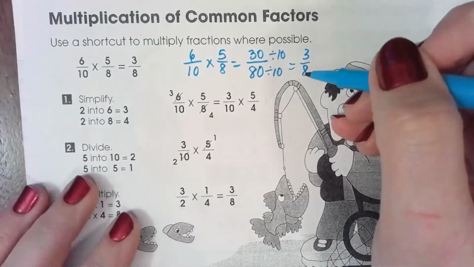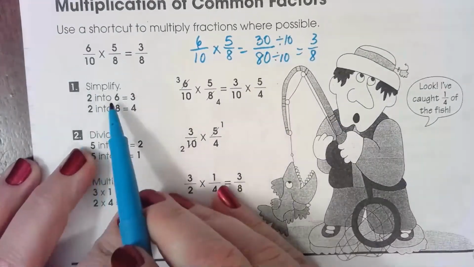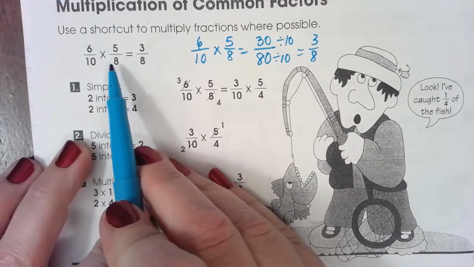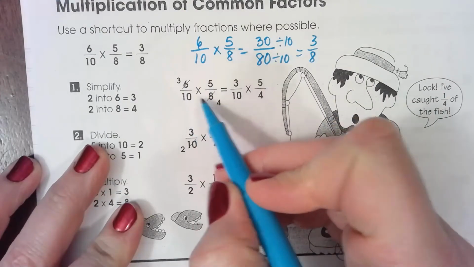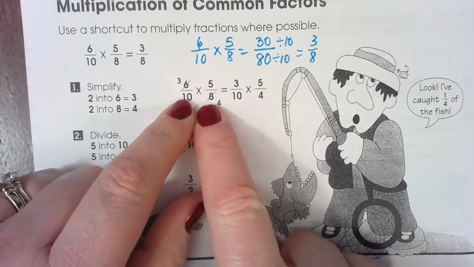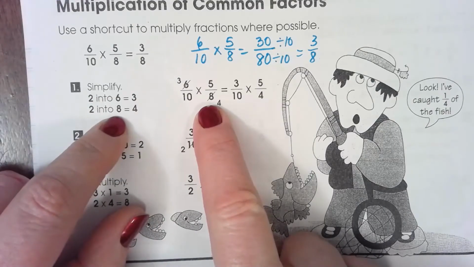But there's a way that I could do this differently. And I can look at and simplify first before I multiply. So I could look at 6/10 times 5/8, and I see I could simplify. I could put a 2 into a 6 and a 2 into the 8.